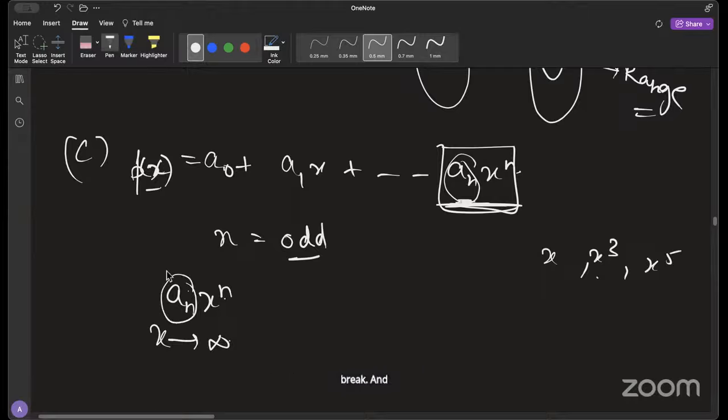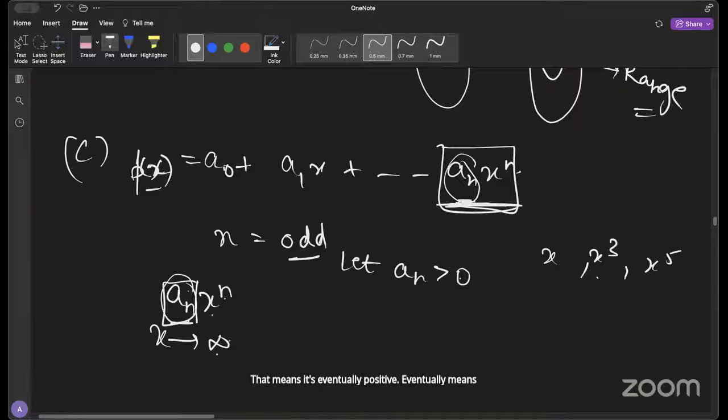And let's say a_n is greater than 0. This is an odd power, so this is positive. x is also eventually positive as it tends to infinity.